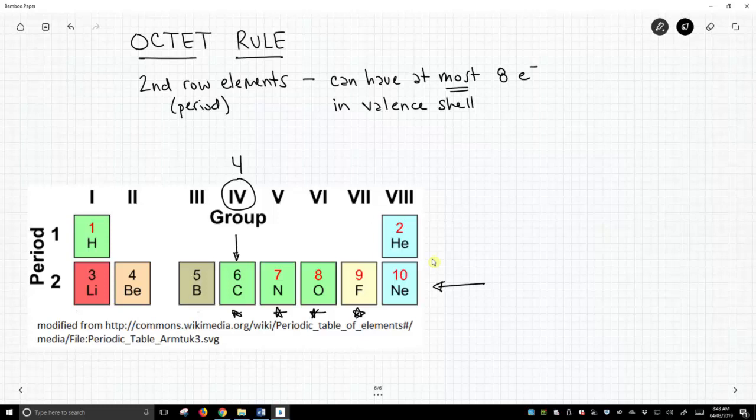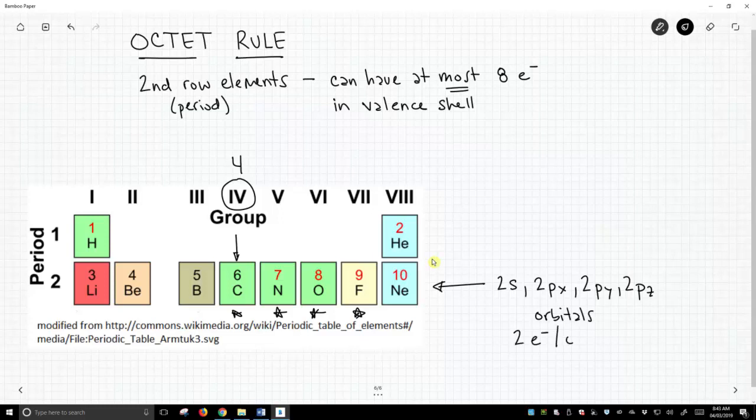Now, what's so special about 8 electrons? Well, in the second shell, we have 4 different orbitals. We have the 2s, we have the 2px, we have the 2py, and the 2pz. These are the orbitals that hold the electrons in the shell. So these are orbitals, and there's a rule in chemistry that you can have 2 electrons per orbital.